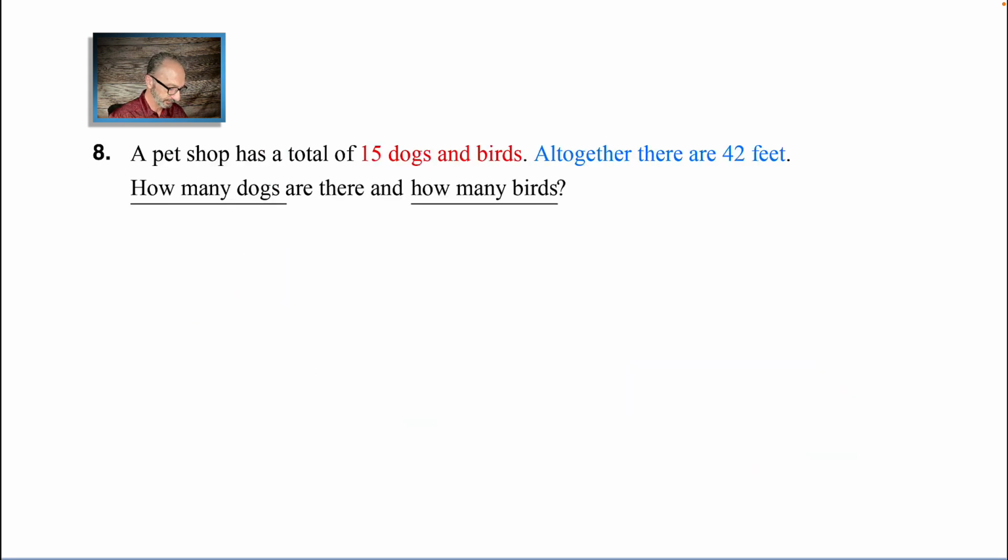Number 8. A pet shop has a total of 15 dogs and birds. Altogether, there are 42 feet. How many dogs are there and how many birds? So, for dogs, let's use D instead of X and Y. For birds, let's use B instead of X and Y also.